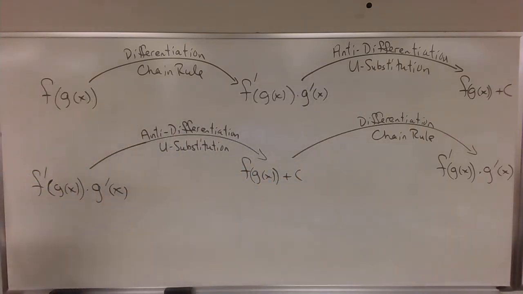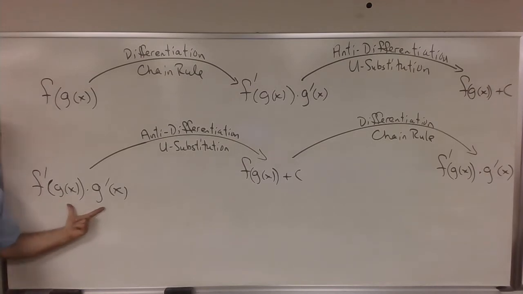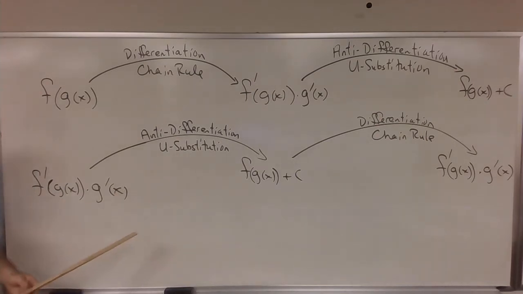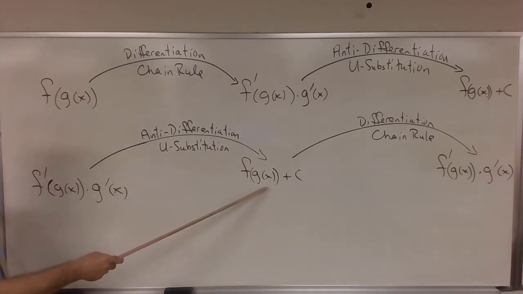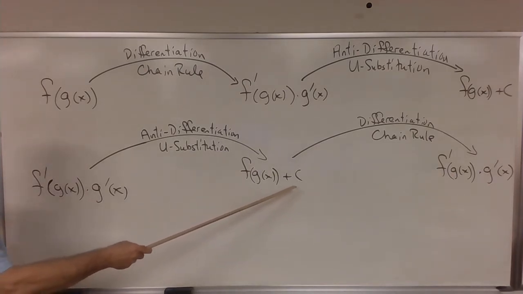Now we can start here with anti-differentiation. What we have here is the derivative of a composite function, and through anti-differentiation or integration, U-substitution takes the derivative of a composite function and gives us back the original composite function plus a constant.